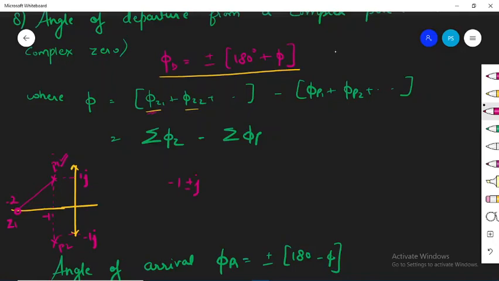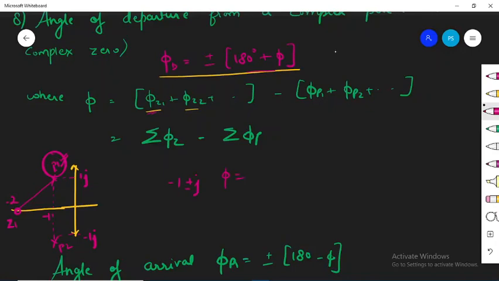If I want to calculate the angle of departure, like at what angle this p1 will move when it is departing, for that we have to calculate phi d. Phi d will be plus minus 180 plus phi. And what is phi?